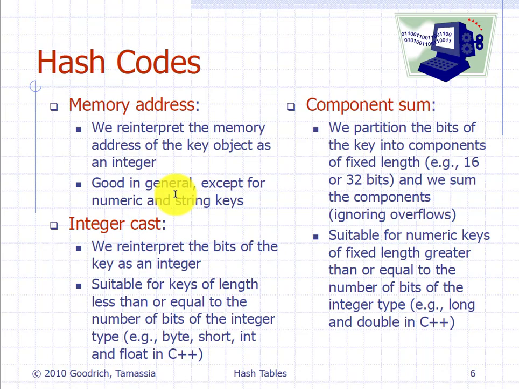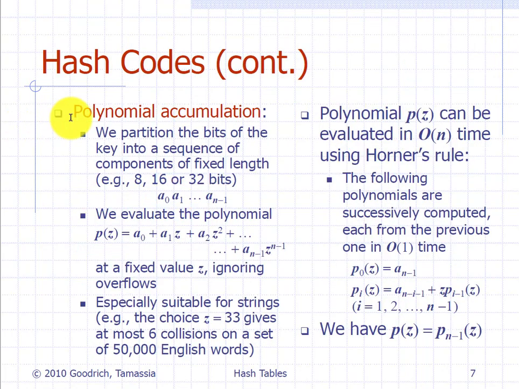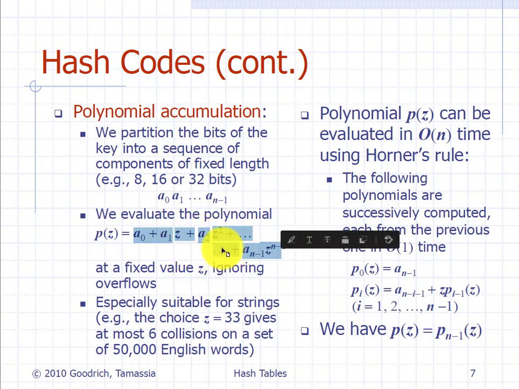A component sum brings up another way of doing it, which is polynomial accumulation. This is a fairly simple concept. We pick a z, where z is some kind of integer, and we build a polynomial. We have to sum across. Now it looks like it's going to take a long time to do this.